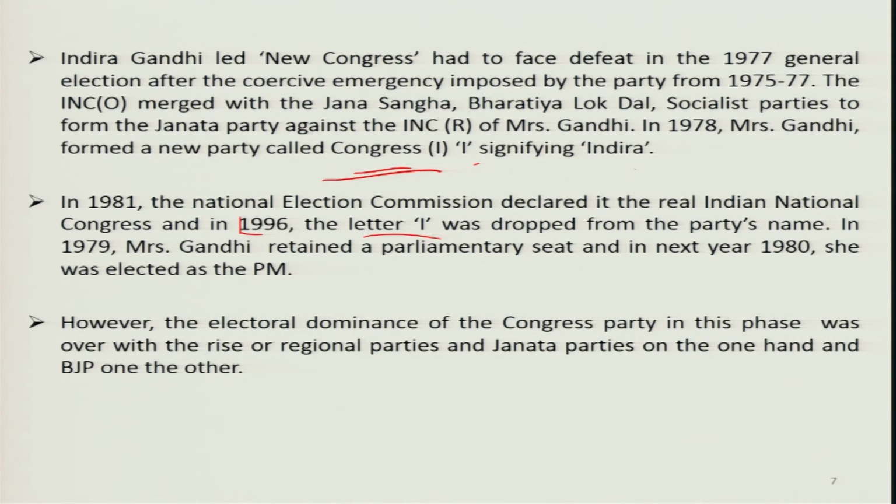In 1979 Gandhi retained a parliamentary seat, and in 1980 she was elected as the PM. So, there was a revival of Congress at the national level, but there were compromises in terms of party organization or electing party leaders through election or inner democracy in the party.